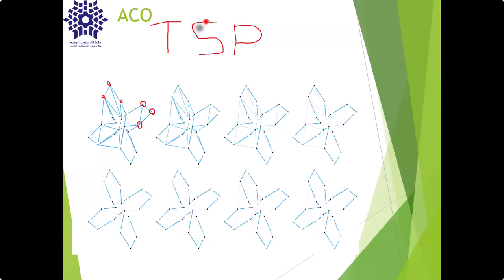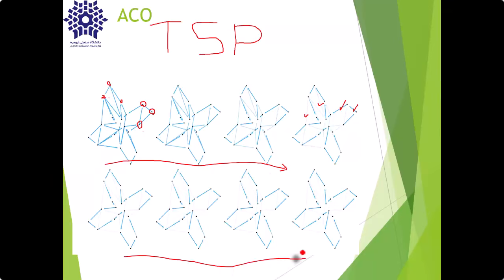Therefore, you see at the beginning, all the ants travel in many different directions. But after some period of time, some of the edges disappear, and some of them get stronger and stronger. So the algorithm repeats and continues.